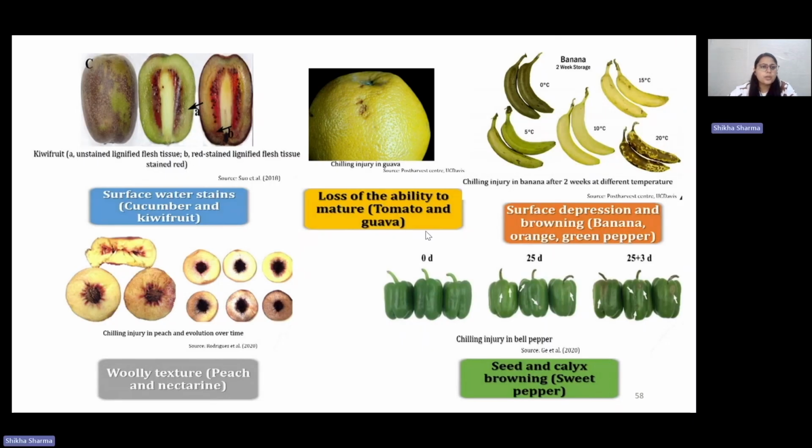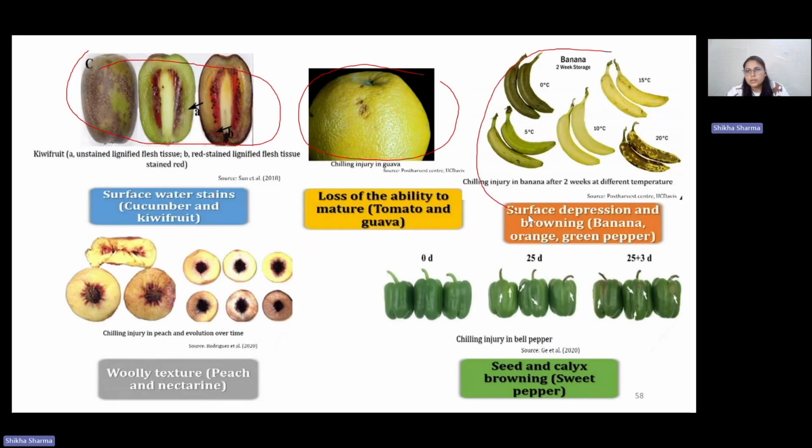So in the kiwi fruit, if we see the chilling injury, we can see surface water stains in this picture. Then in the guava, there is a loss of the ability to mature the fruits.